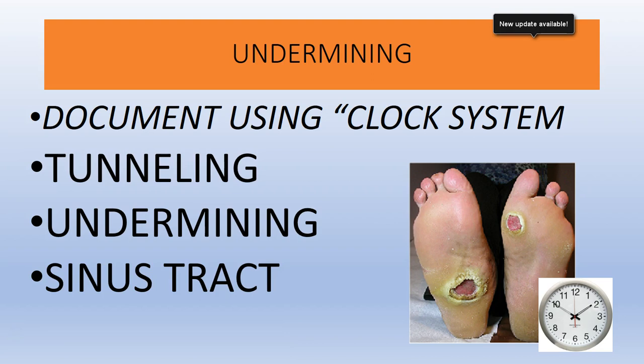You want to look for any undermining, tunneling, or sinus tract. And generally, when it comes to describing undermining or tunneling or a sinus tract, we use the clock system. So we say that there may be tunneling at 6 o'clock or 5 o'clock or 3 o'clock as you face the foot, so that we have a reference as to the location of that tunneling.